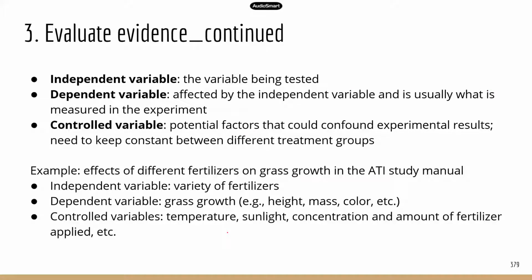So I just want to give you some definitions so you know what they are, because on TEAS you may see a question asking you which one is the independent variable and which one is the dependent variable. Independent variable is the variable being tested. If you're looking at the effects of different fertilizers on grass, then the variable being tested is the different types of fertilizers, right? So type of fertilizer would be the variable. You can see here a variety of fertilizers.